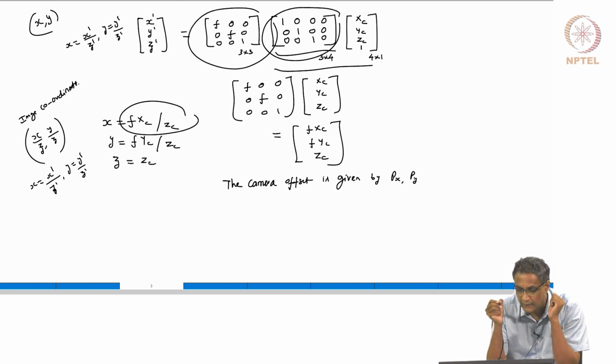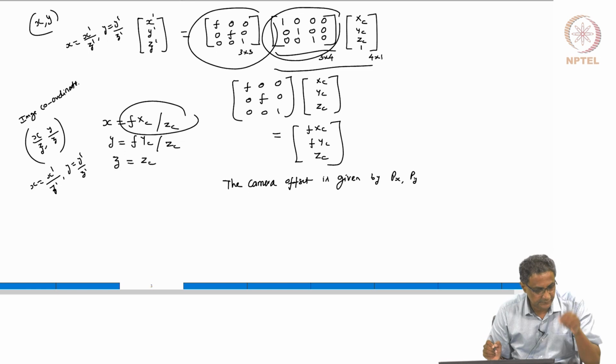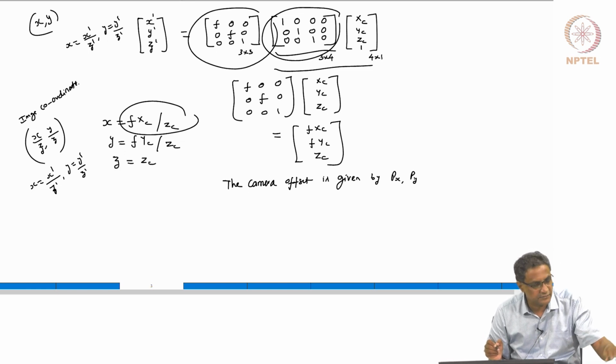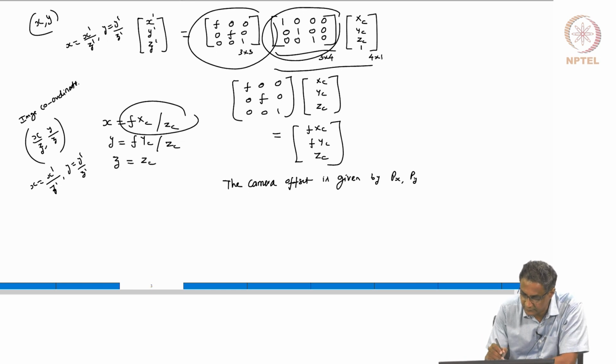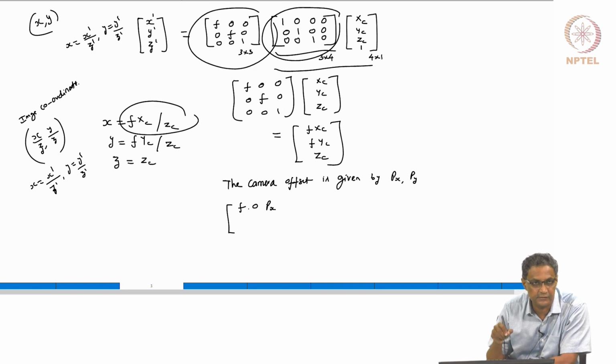Then the way to accommodate that is to throw that into this K. So let's put that into this. This is an intrinsic parameter. So f, 0, Px comes here. It does not come anywhere else, it is a part of the camera, just as focal length is a part of the camera. Then you have 0, f, Py, then you have 0, 0, 1.